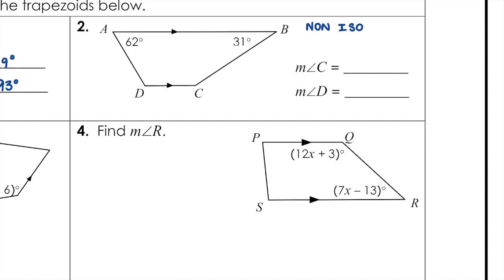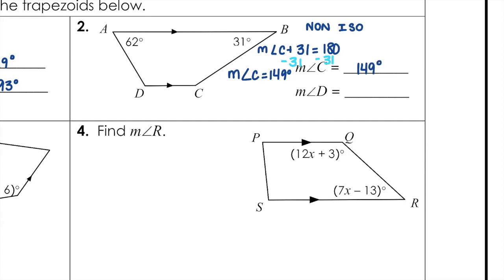So to find my leg angle, we go to the measure of C plus 31 is 180. Subtract 31 from both. What is the measure of C? 149?